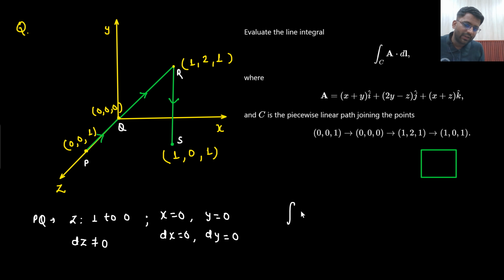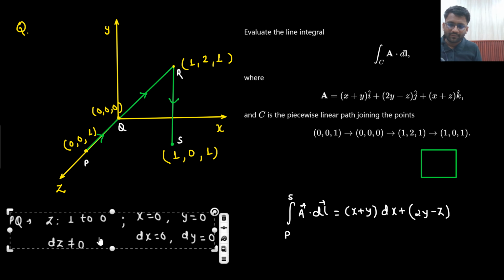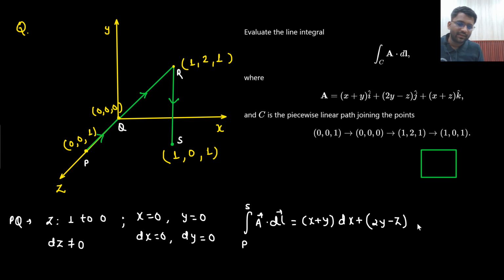A dot dl from P to S, how will it look? It is (x plus y) dx plus (2y minus z) dy plus (x plus z) dz.